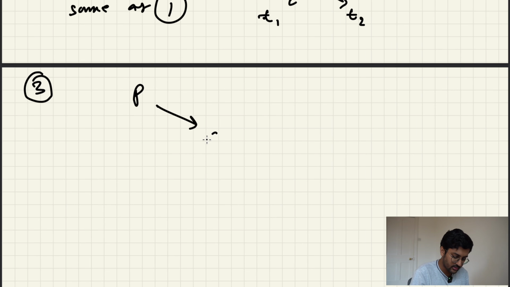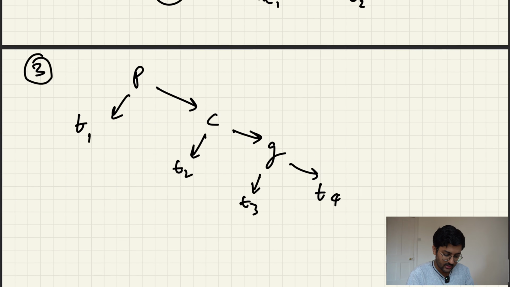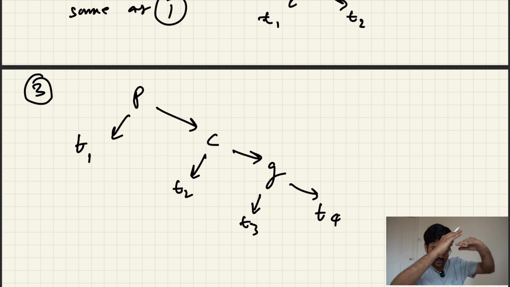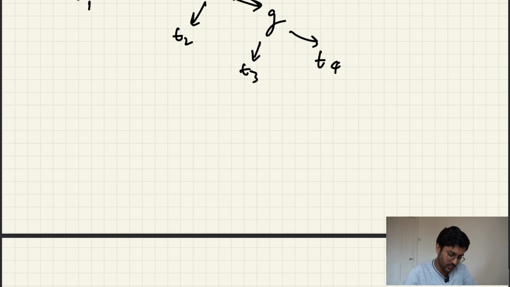Let's say parent, child, grandchild, and T1, T2, T3, T4. It is one single line, so I will just simply rotate. It is right case, so I will rotate it on the left hand side.